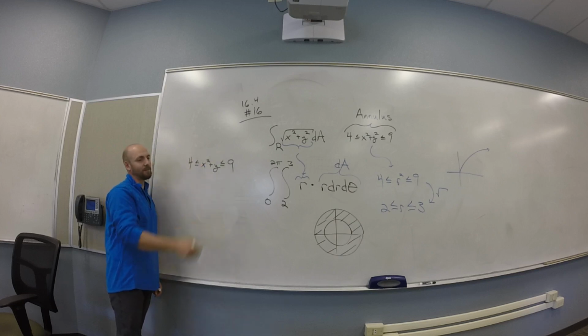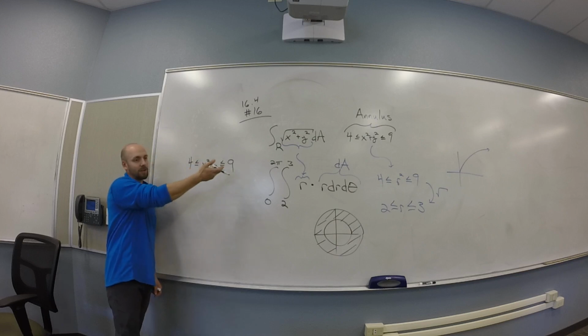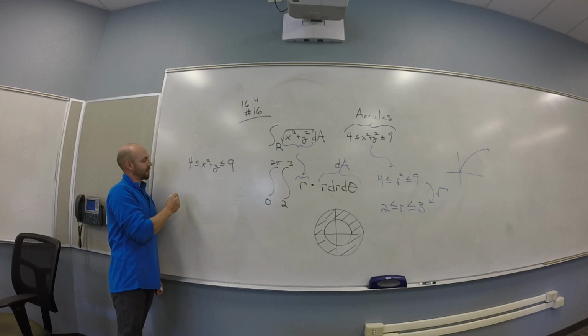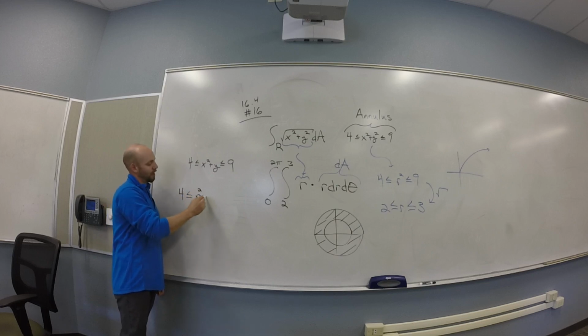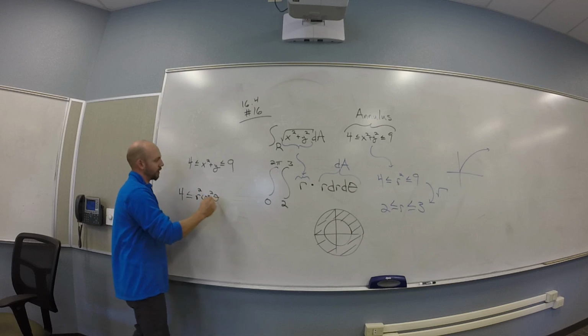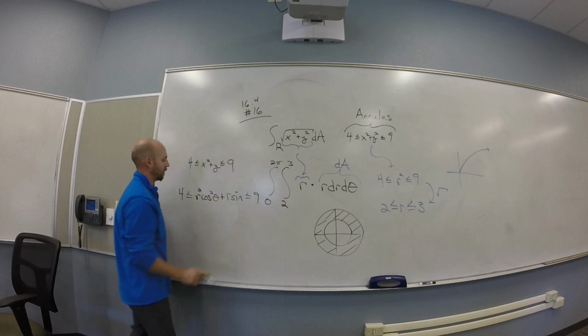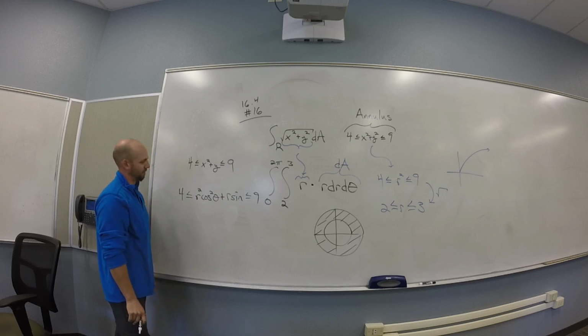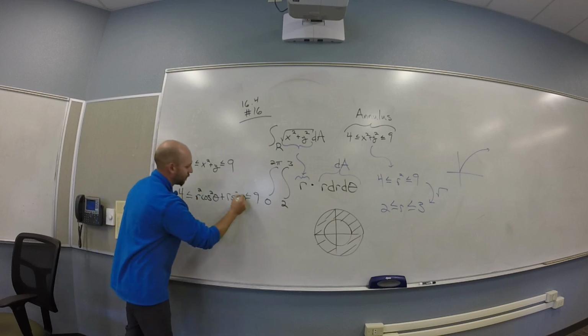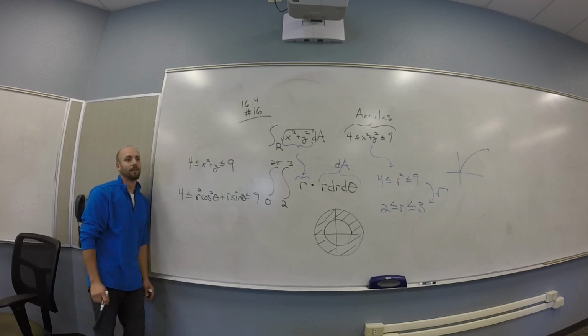Now this thing is a pain, because this doesn't convert cleanly into polar. This converts to 4 is smaller than r squared cosine squared theta plus r sine theta smaller than 9. That's nice. I don't even know how to solve this at all, for anything.